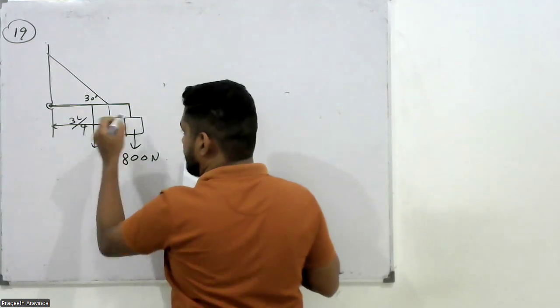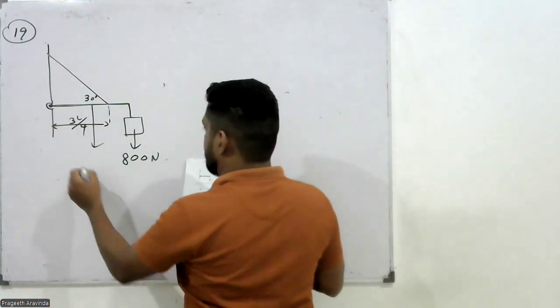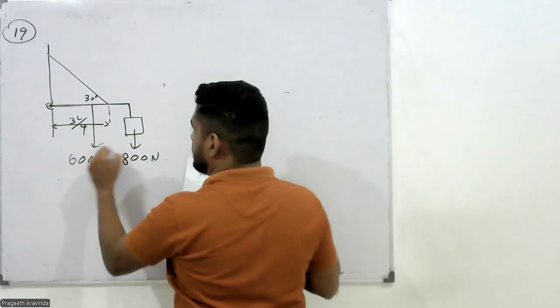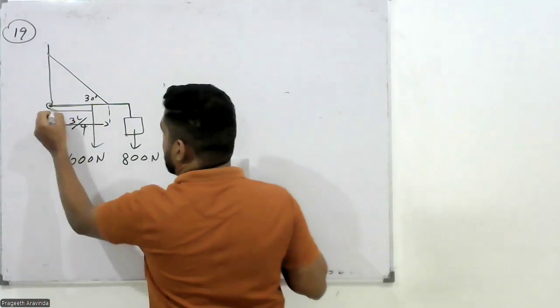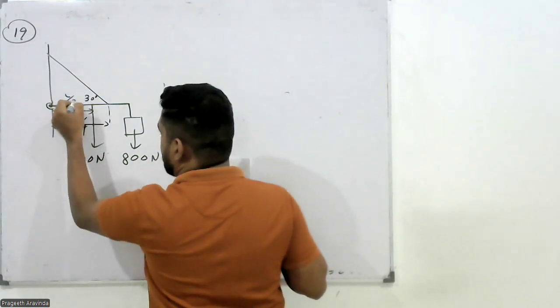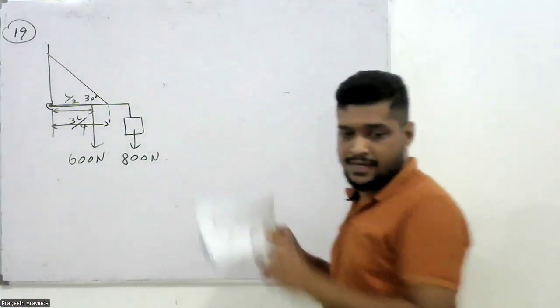And the weight is somewhere down here, it is 600 newtons. මෙතන තියෙන්නේ L divide by 2, භාගය මැද්දෙන් යන්නේ.